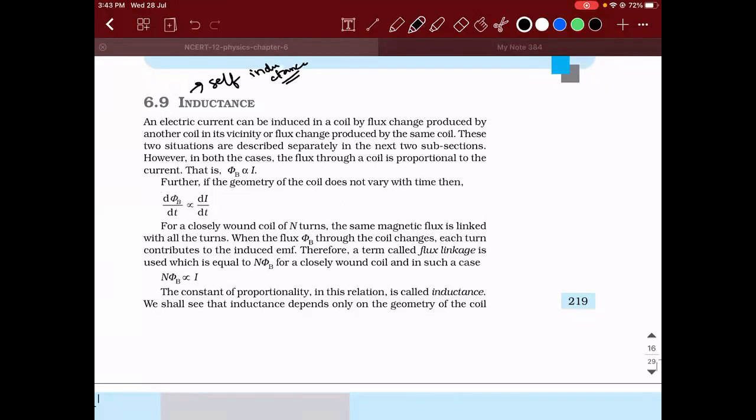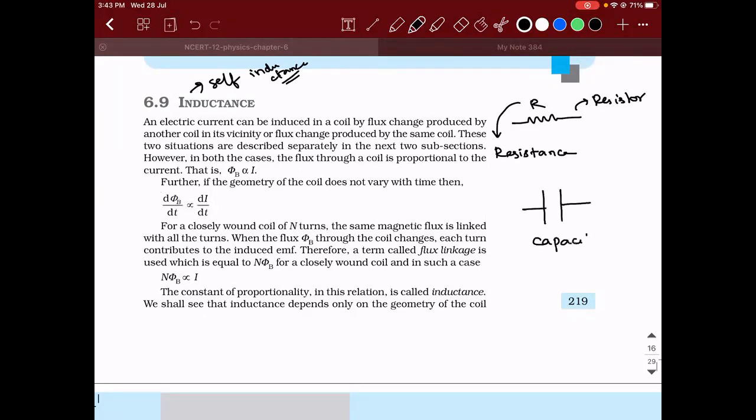Listen. If there is a device like this, what do you call it? Obviously, you call it a resistor, and a resistor will have a value capital R associated with it. What is it called? It's called resistance. Similarly, you have a capacitor.